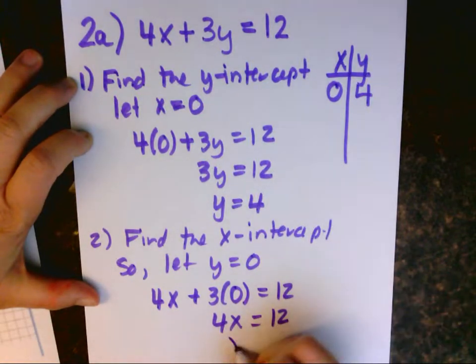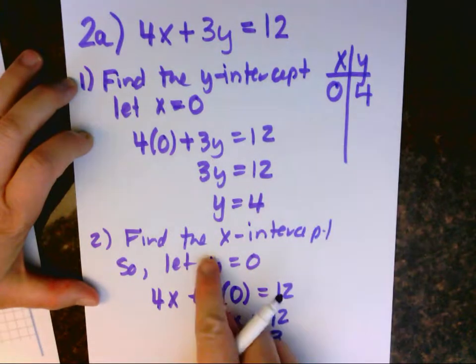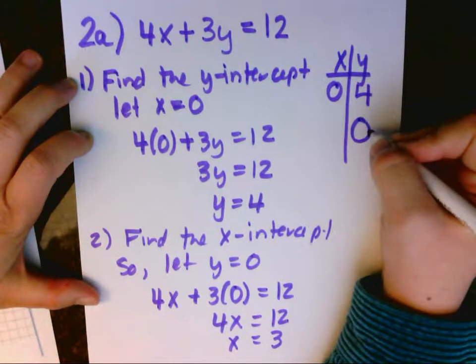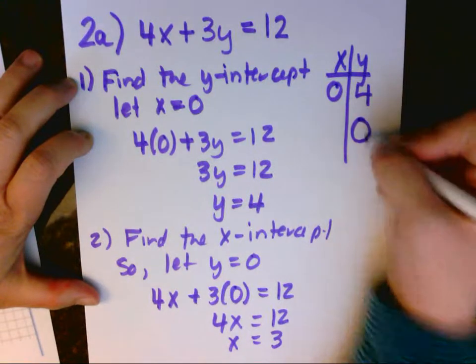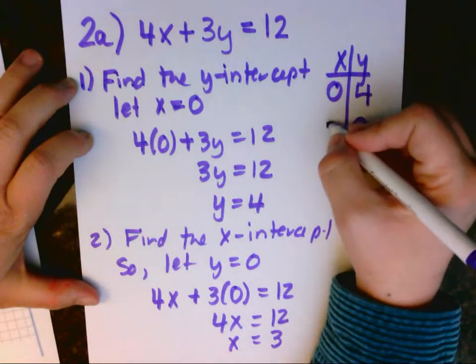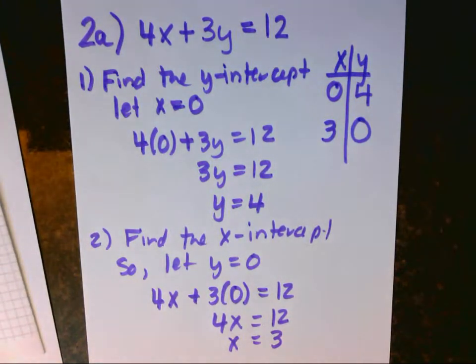Divide both sides by 4. Well, I should have put this in the table. y is 0, so I picked the y to be 0. You can only pick one. The one you pick, you use it to calculate, and we calculated that the x that corresponds with that is 3. So now let's place that on the graph at 3, 0.